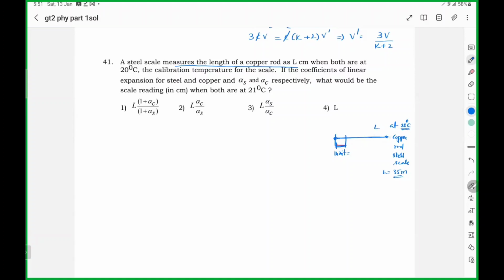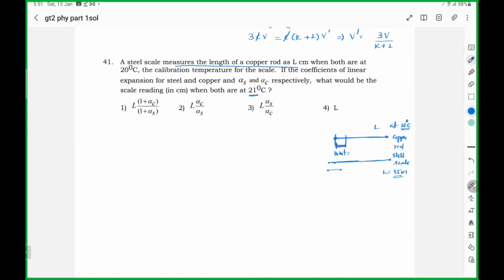Here, when the temperature changes to 21 degrees, the copper rod expands as well as the steel scale also expands.